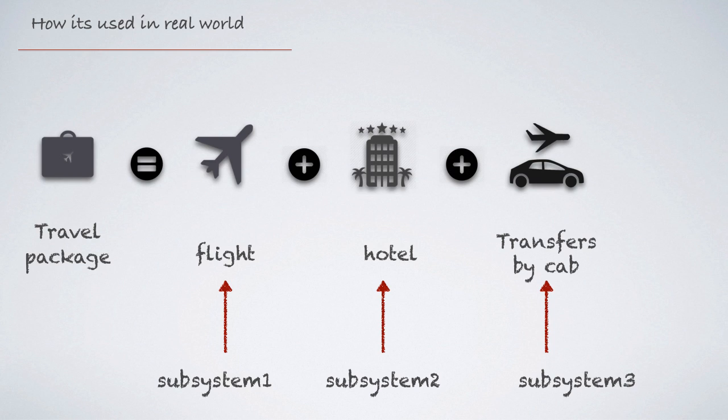Ideally, our client has to interact with each of the subsystems sequentially or in parallel in order to complete the entire travel package booking. So as per the facade design pattern, all we will do is provide one interface for the travel package so that the client will just interact with that interface, which is none other than the facade, and this facade will in turn interact with all other subsystems and get the complete travel package booked.